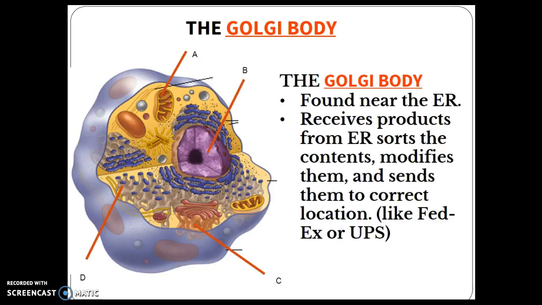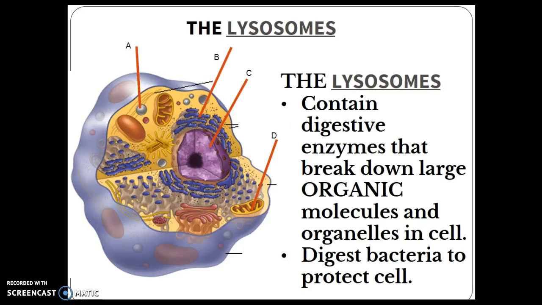Pick A, B, C, or D. The lysosomes. These contain digestive enzymes that break down large organic molecules and organelles in the cell. They're going to digest bacteria to protect the cell.